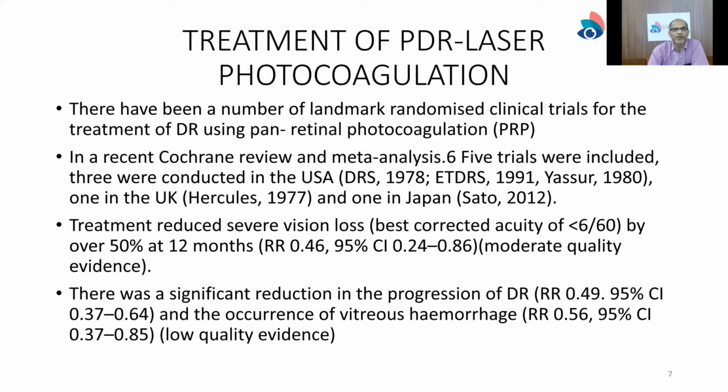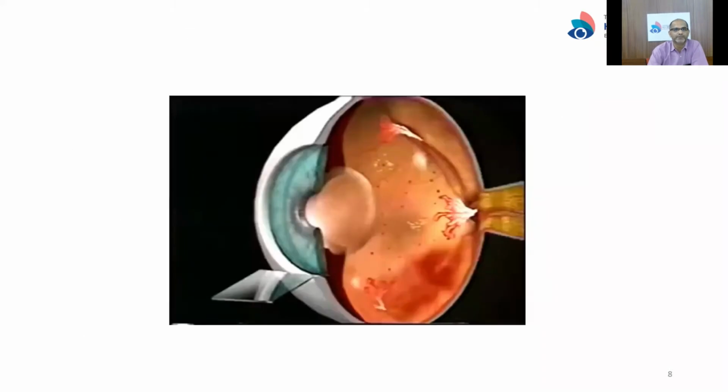There is also good evidence to show a significant reduction in progression of diabetic retinopathy and occurrence of vitreous hemorrhage if pan-retinal photocoagulation is given to a patient with PDR in proper time.